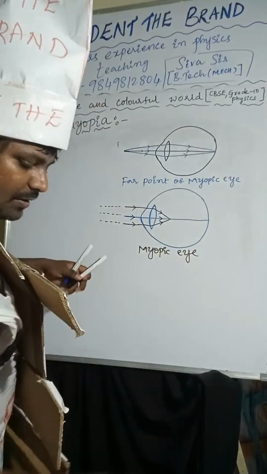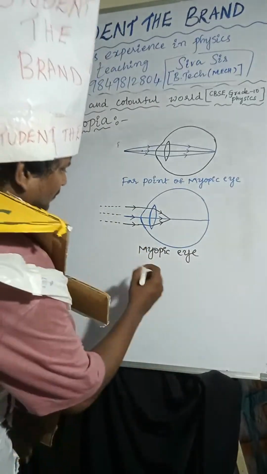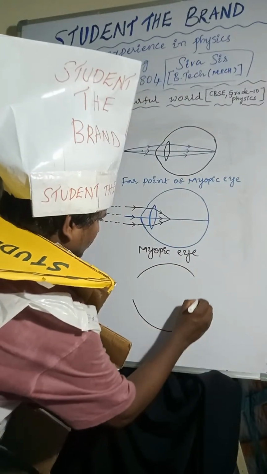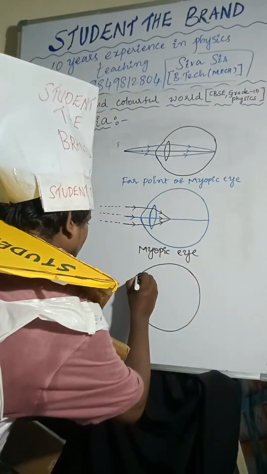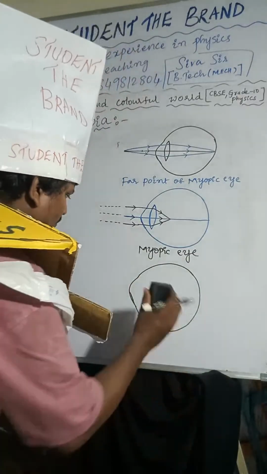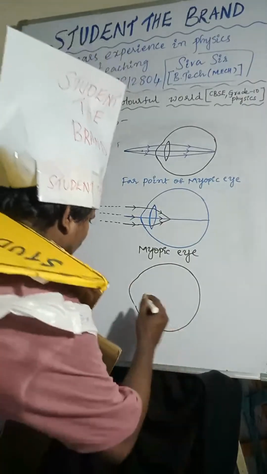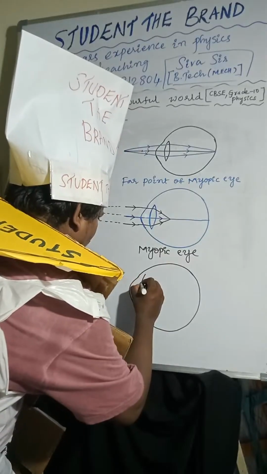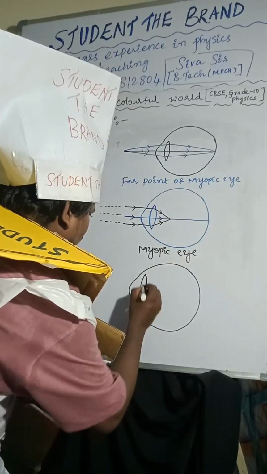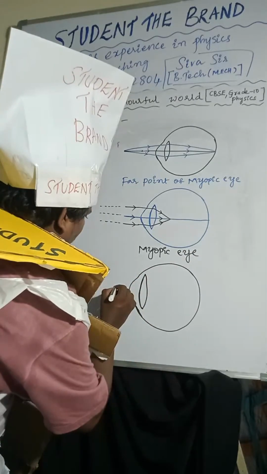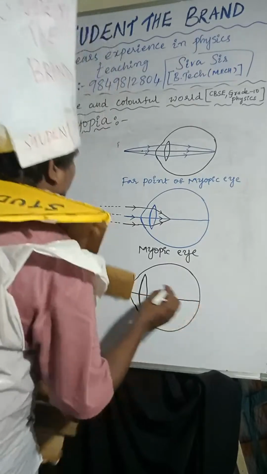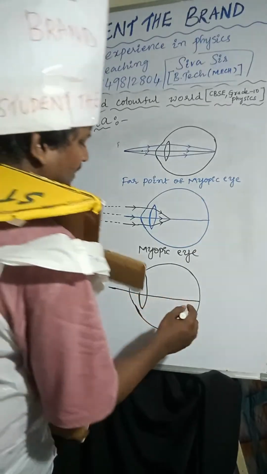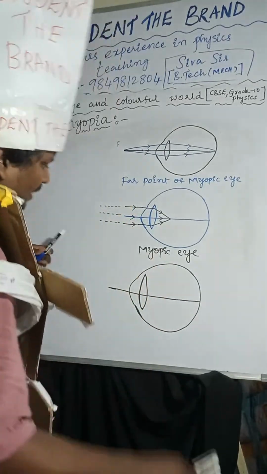I'll draw the correction of myopia, you can observe carefully. Which lens are we using to correct the defect? Concave lens.